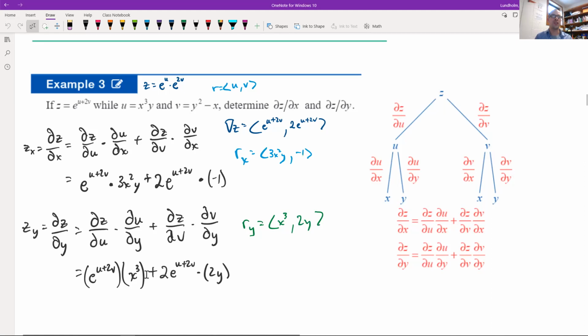And notice that's what shows up down here for this dot product. This is the dot product between the gradient of z and the partial derivative with respect to y. And this one is the gradient of z dotted with the partial derivative with respect to x.